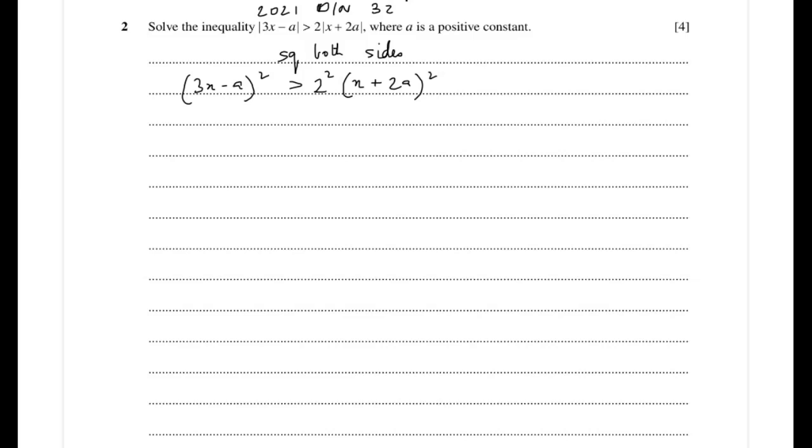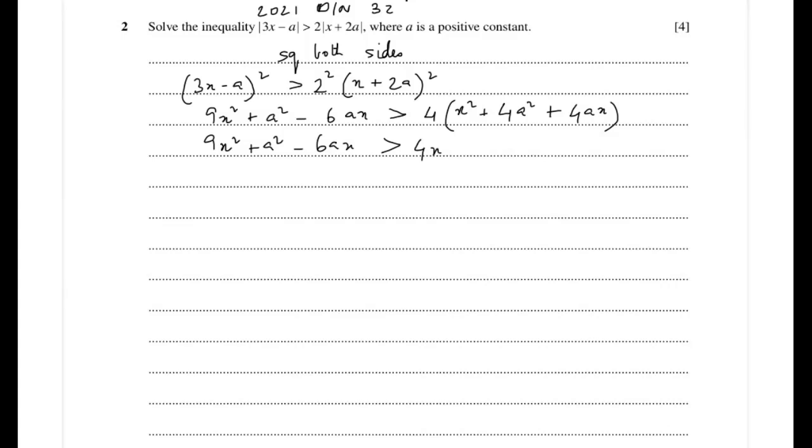That gives me 9x squared plus a squared minus 6ax greater than 4 times x squared plus 4a squared plus 4ax. 9x squared plus a squared minus 6ax is greater than, I'm expanding the right hand side, 4x squared plus 16a squared plus 16ax.